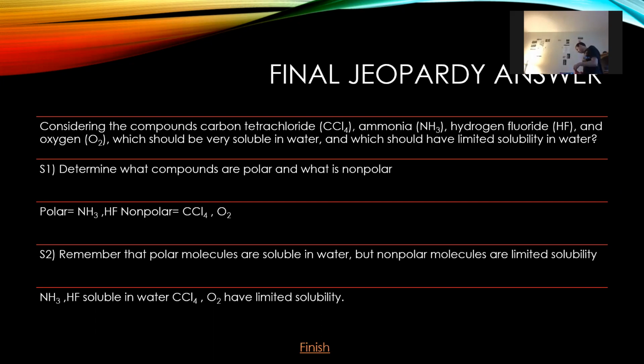What's non-polar is the other two, carbon tetrachloride and oxygen. Polar molecules are soluble in water, and the non-polars have limited solubility. So the ones that we said were polar, ammonia and hydrogen fluoride, are soluble. Oxygen has limited solubility.